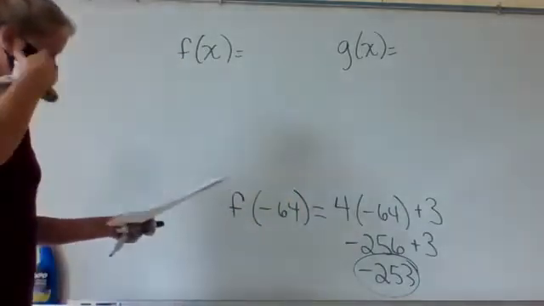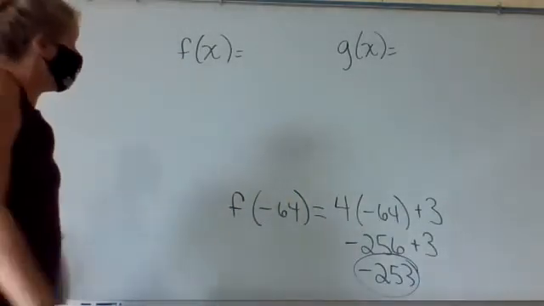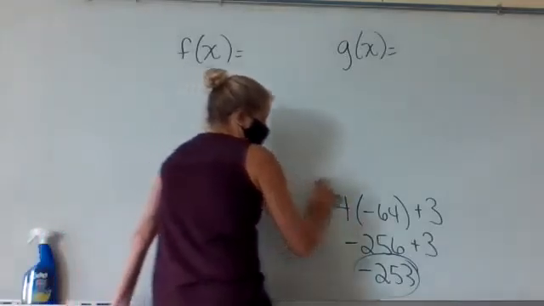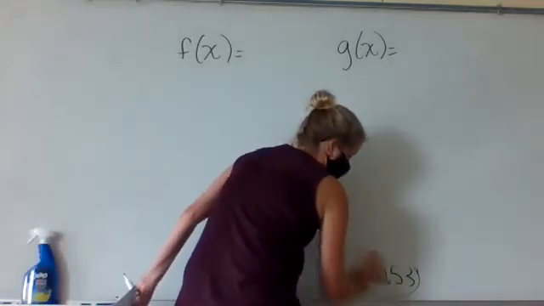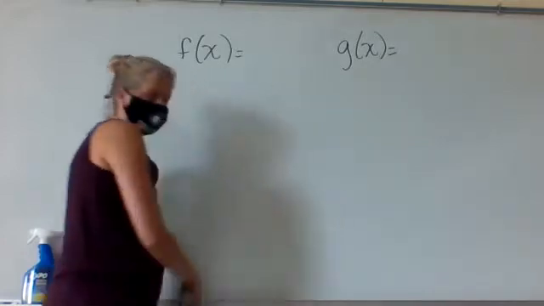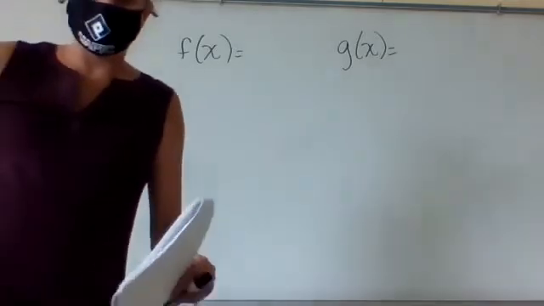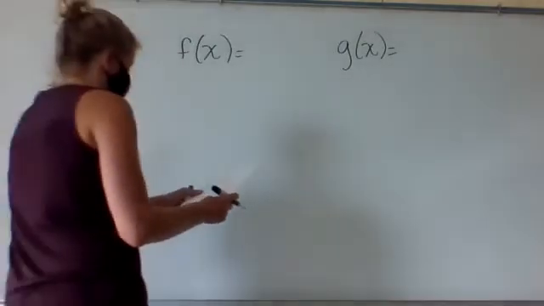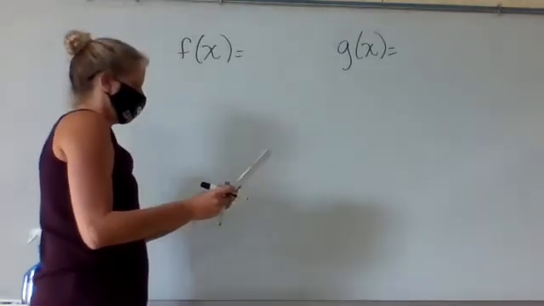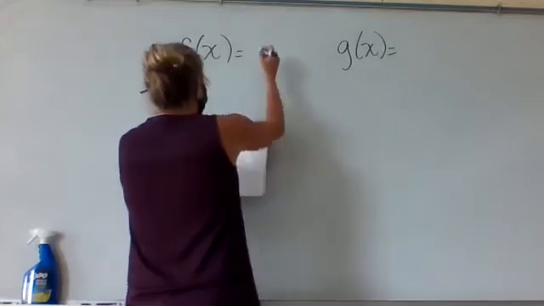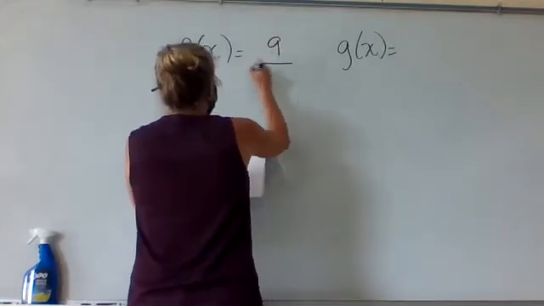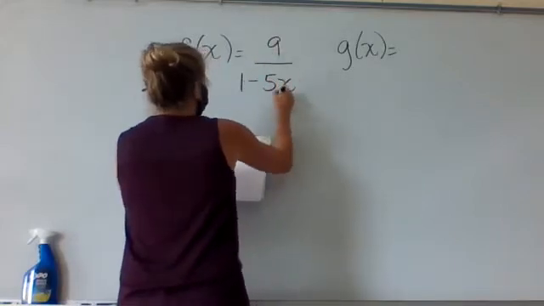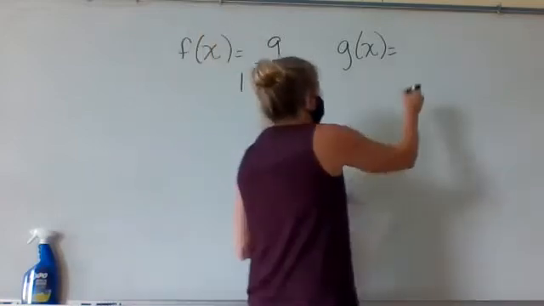All right, again, it's going to give me two functions, ask for the compositions, and then ask for the domain of the answers. So let's see what I have here. My f of x function is 9 over 1 minus 5x. My g function is 1 over x.